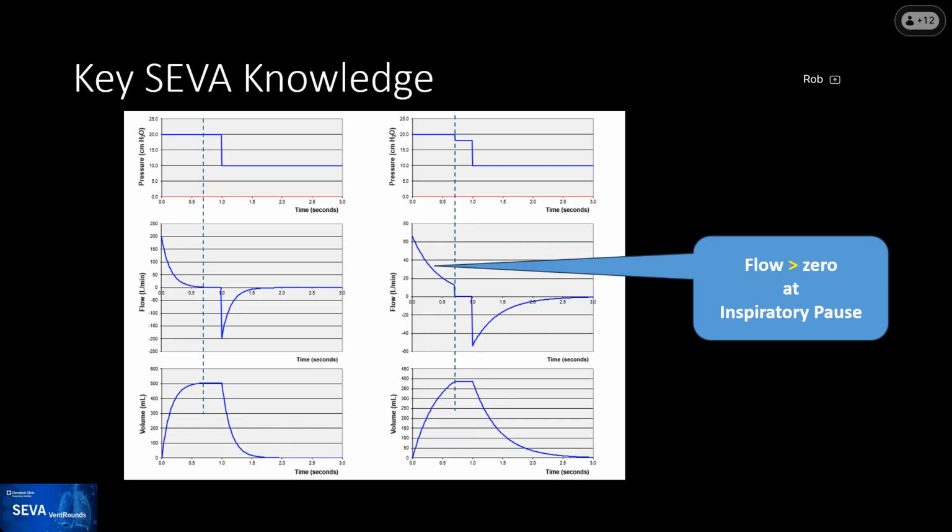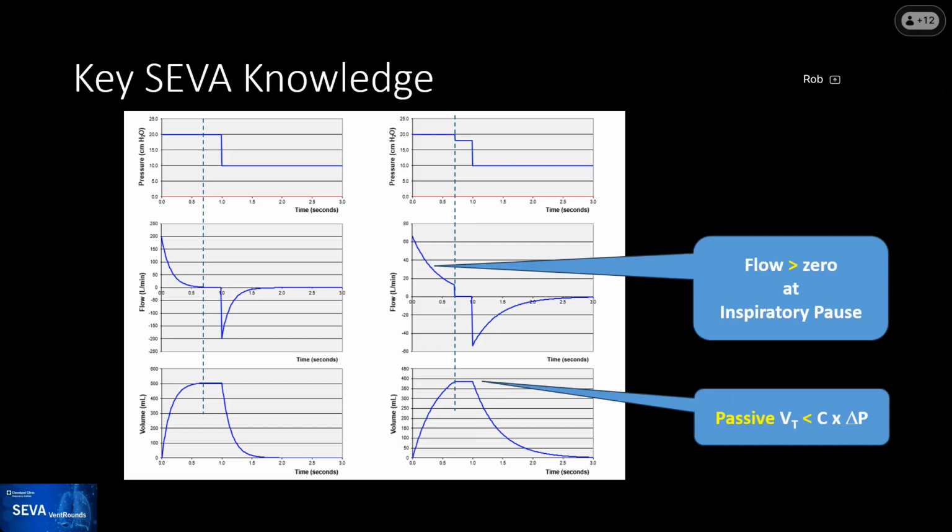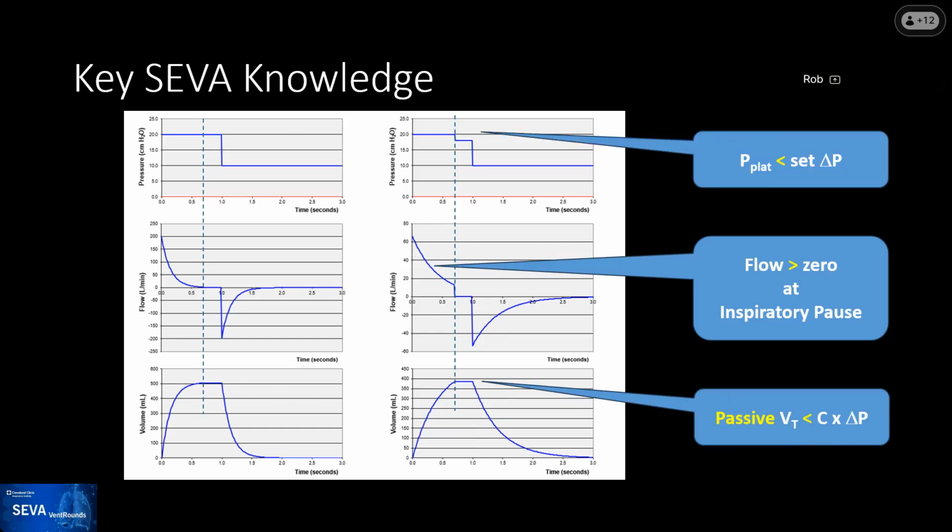So if we see this pattern, then we know that because flow didn't have enough time to reach zero before the inspiratory hold, our passive tidal volume is going to be less than its maximum value of compliance times delta P. As a result, when we do the inspiratory hold, the plateau pressure will be less than the target inspiratory pressure.